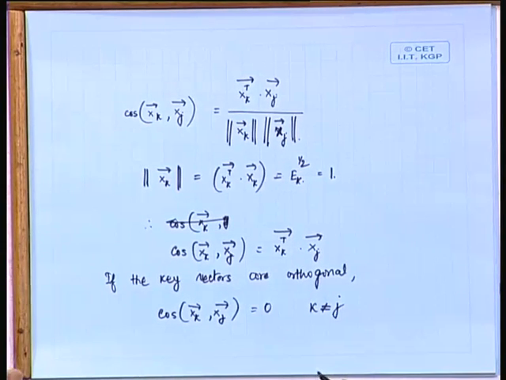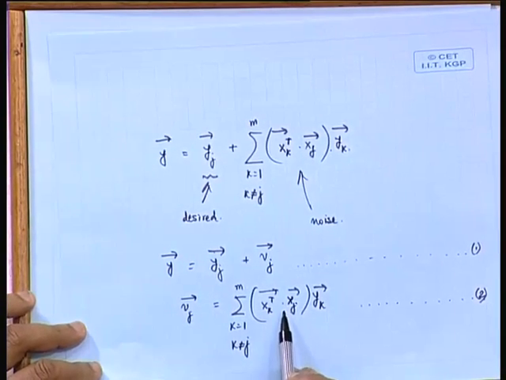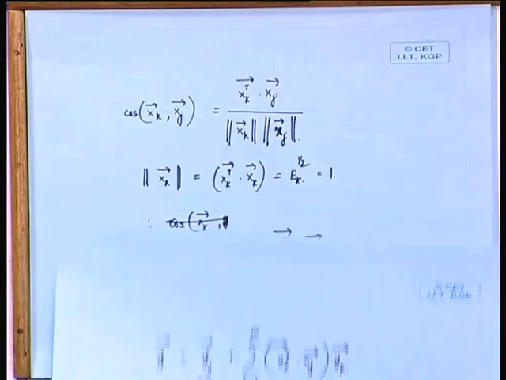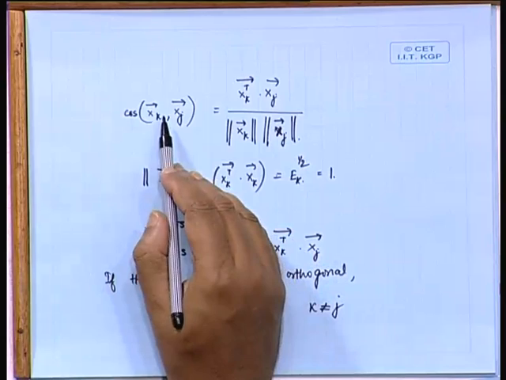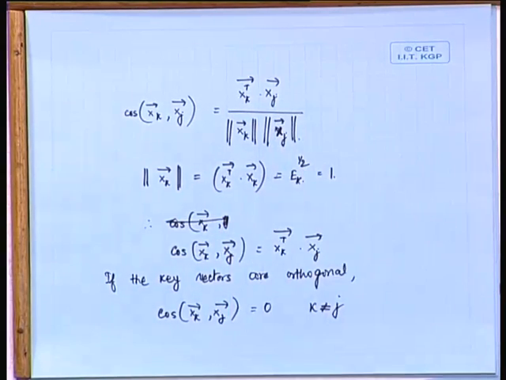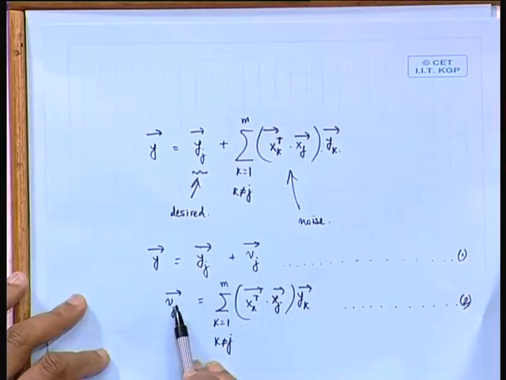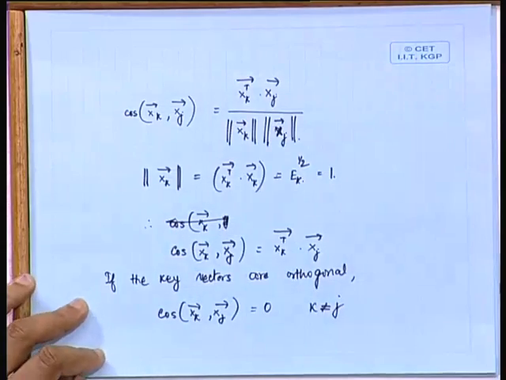And in such a case, the term V_j becomes equal to 0. Why? Because if the cosine is equal to 0, then x_k transpose x_j is also equal to 0, and then the V_j vector is equal to 0, and V_j equal to 0 means y is equal to y_j. It is a perfect recall.